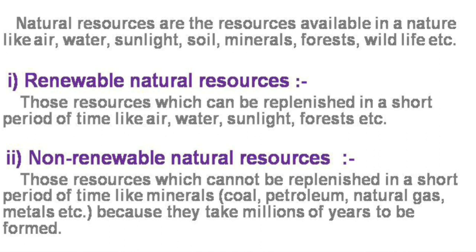Renewable natural resources are those resources which can be replenished in a short period of time like air, water, sunlight, and forests. Now there is another one, that is non-renewable natural resources. These resources cannot be replenished in a short period of time like minerals, coal and petroleum, natural gas, metals, because they take millions of years to be formed.